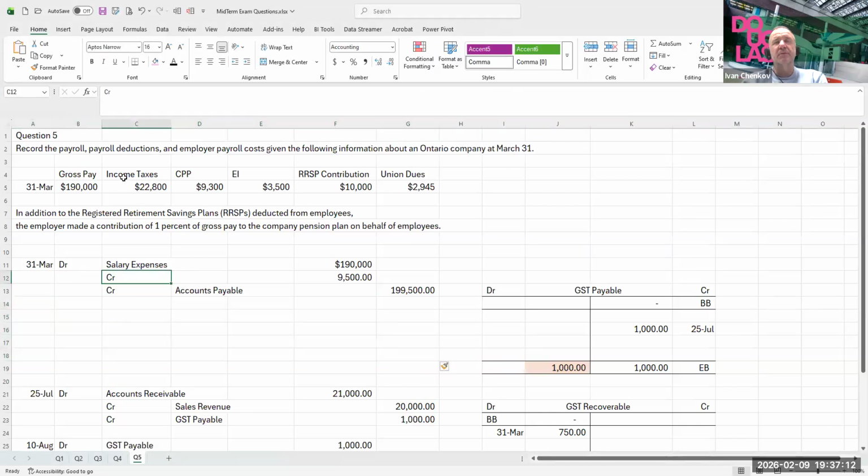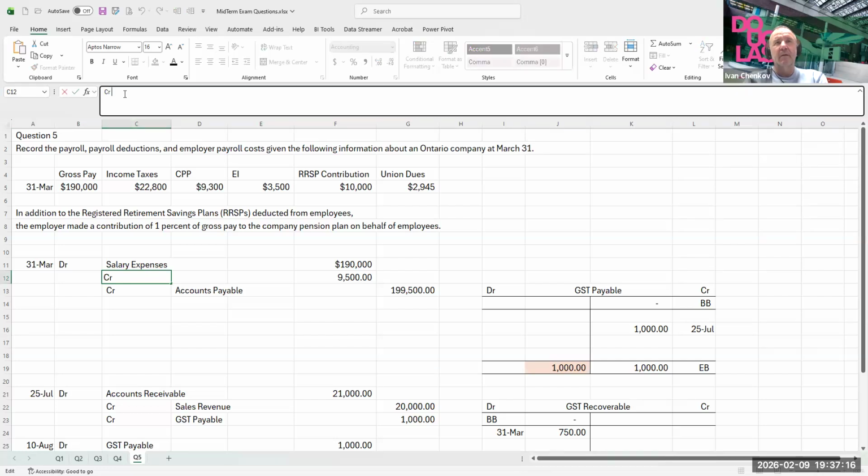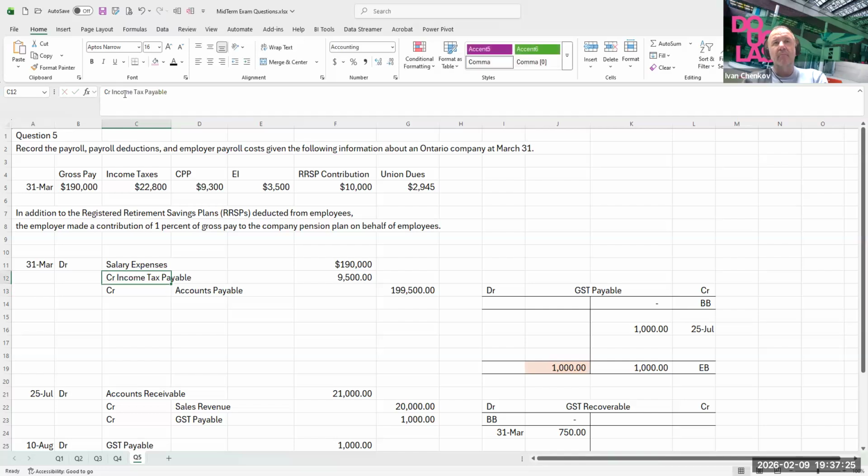First, we have to deduct income tax and we have to pay it to the government. Those are the money that the employee is never going to see. 22,800.